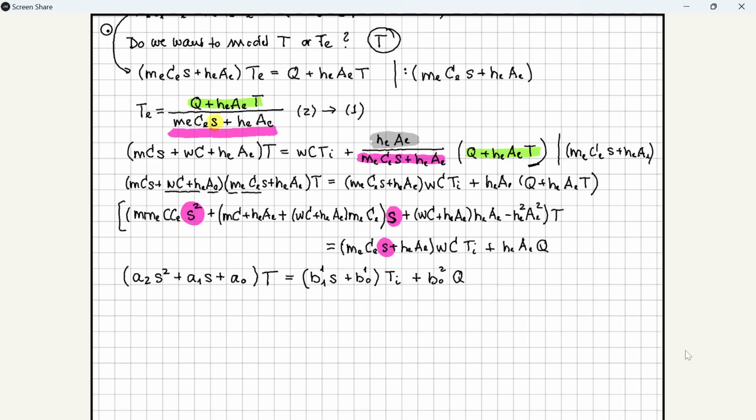So now we could write down all the parameters, and maybe the most interesting one is here, which simplifies, because this one actually ends up being this A0. A0 is the only one that simplifies to WCHEAE.